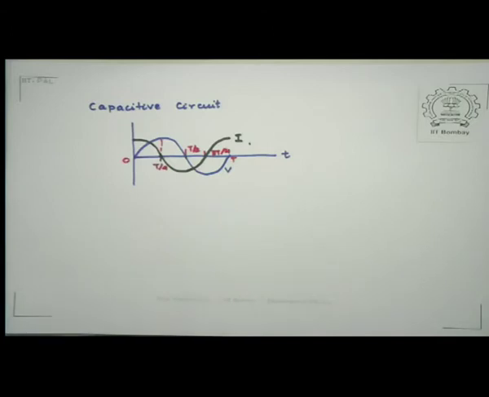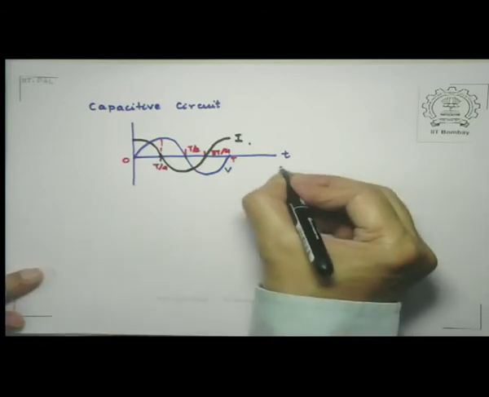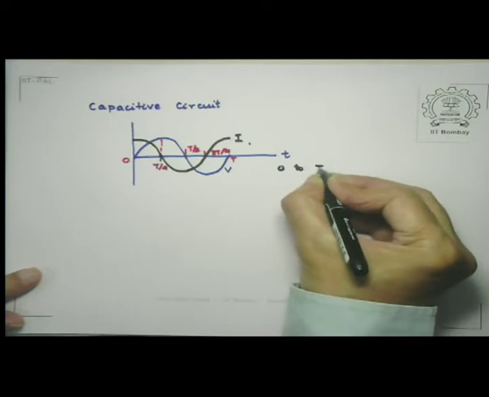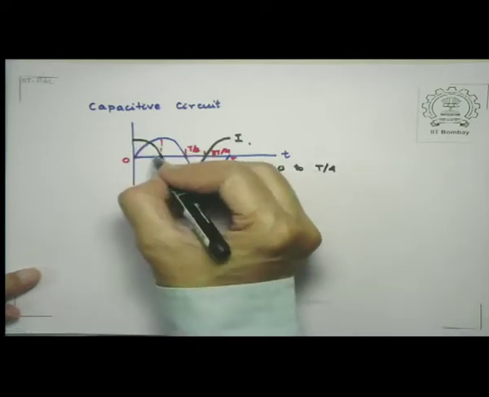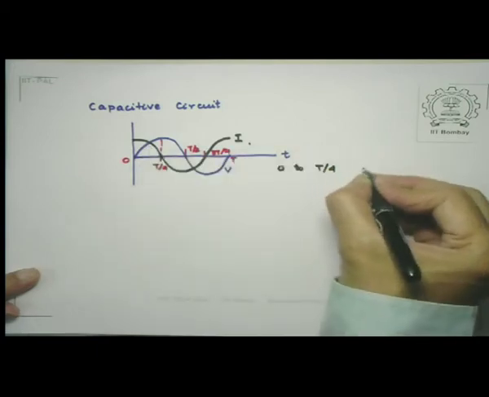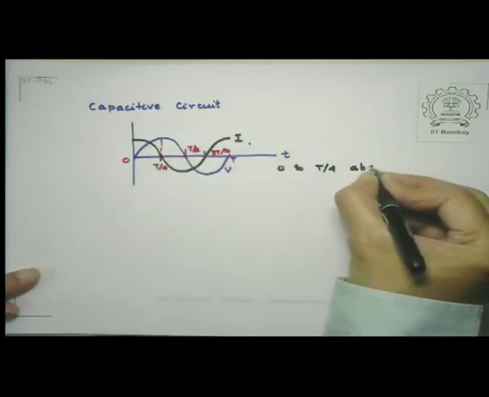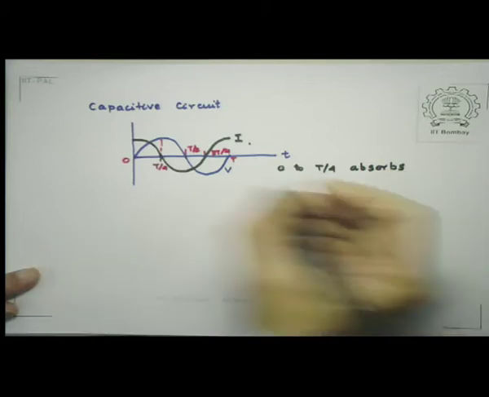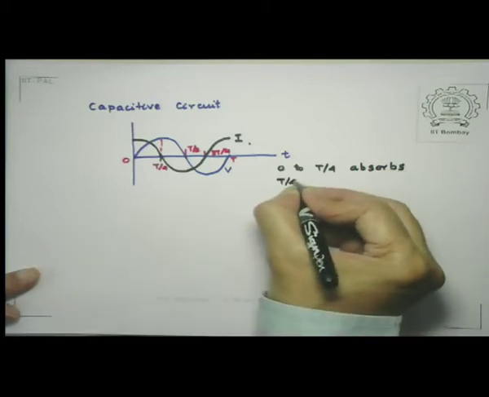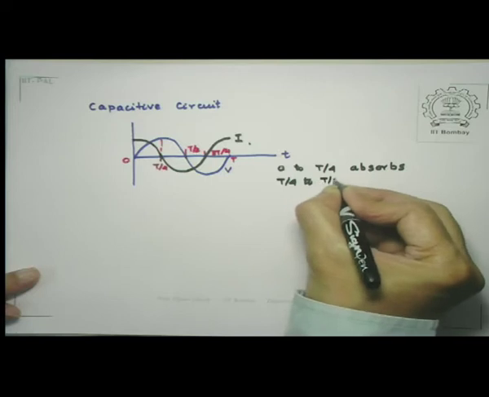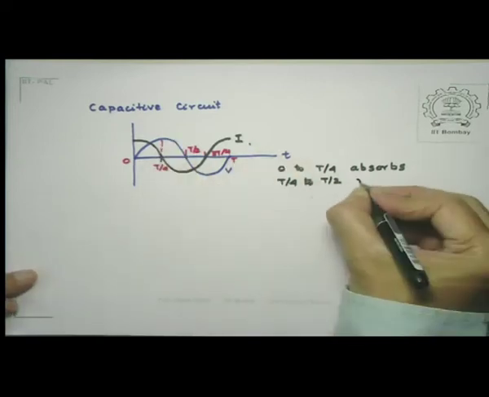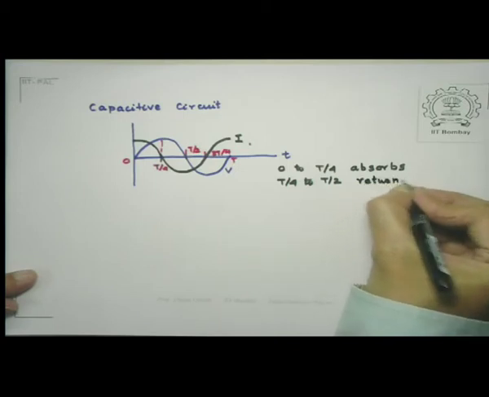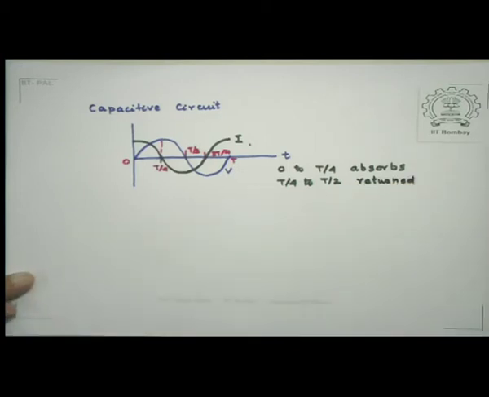So notice in this case, from 0 to T by 4, V times I is positive, so the circuit absorbs power. From T by 4 to T by 2, because the product of the current and the voltage is negative, the power absorbed in the previous quarter cycle is returned.